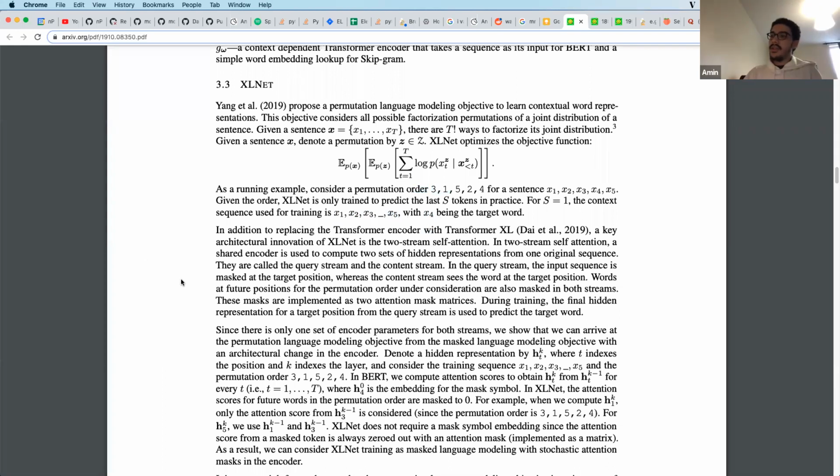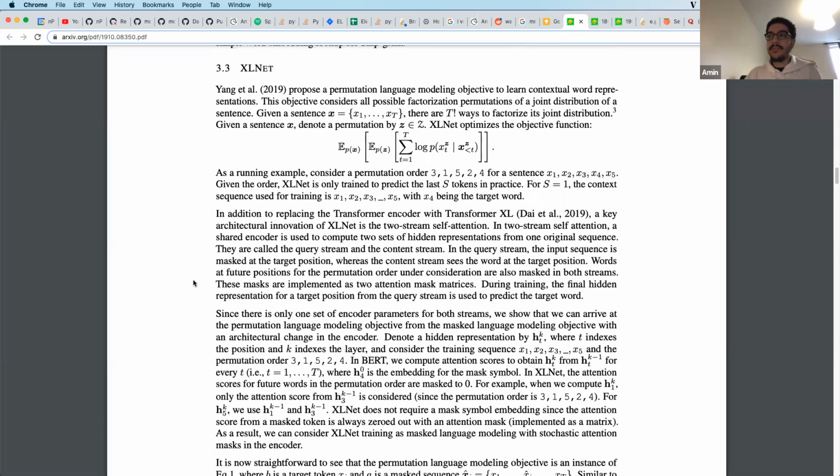Yeah, so the idea here is that because you are sampling a permutation order at each step, as the model trains, in expectation, you would learn from context on both sides, and so the model, like BERT, learns bidirectional context.